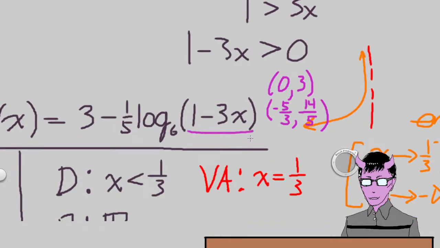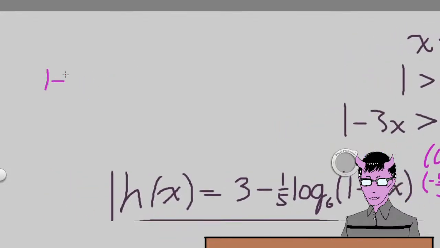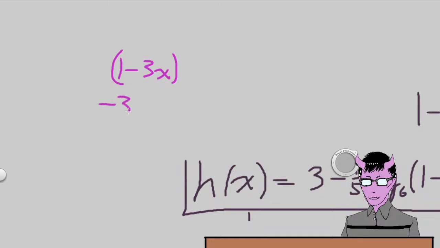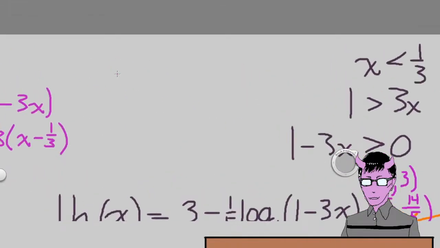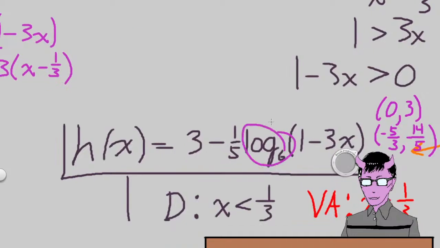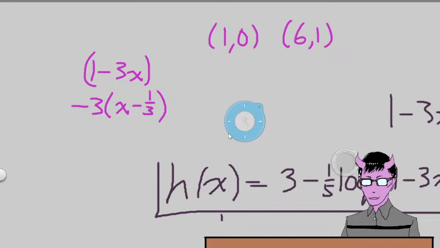So what are the transformations for the x? The x transformations are: slap in the parentheses, factor out -3. What are the anchor points for the parent log base 6? 1, 0, and then the base number, 6. These are the x transformations.